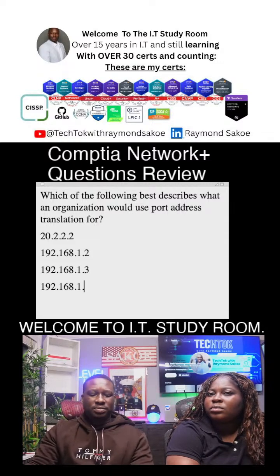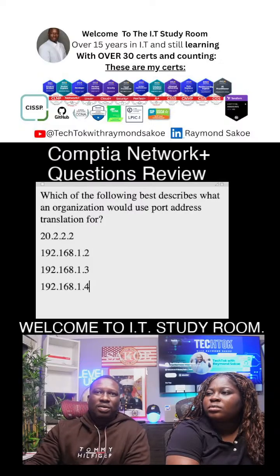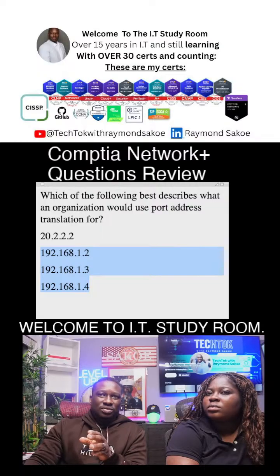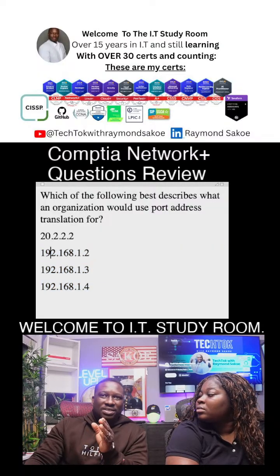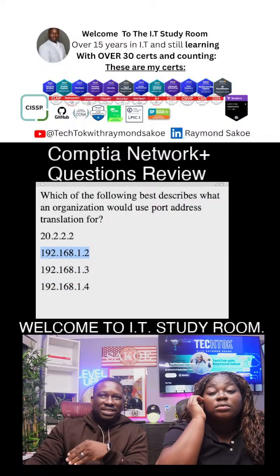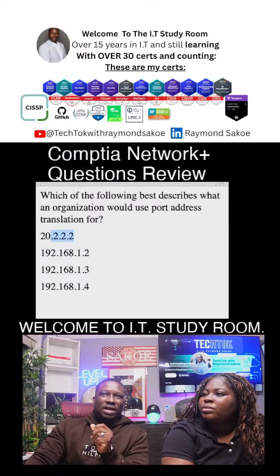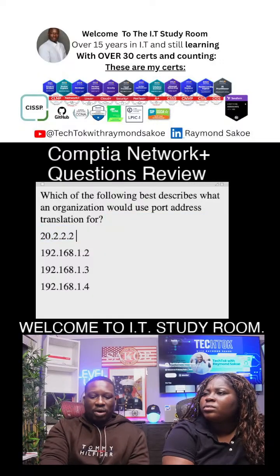It's just an example. These IP addresses are not routable on the internet, so you can't go on the internet using them. They're private IP addresses. In order for you to go on the internet, you have to use a public one, and you only have one public IP.